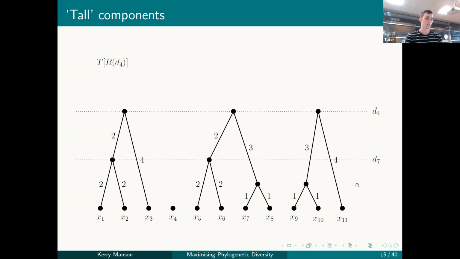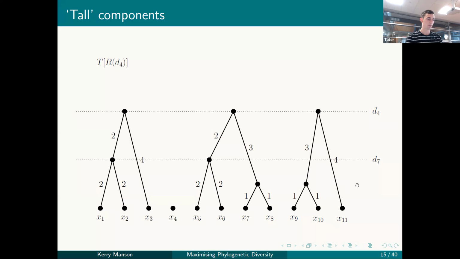And we noticed that there's never any MaxPD set that completely ignores one of these components. In some sense, these tall components tell us how spread out the MaxPD set has to be in order to cover enough of the phylogenetic tree.